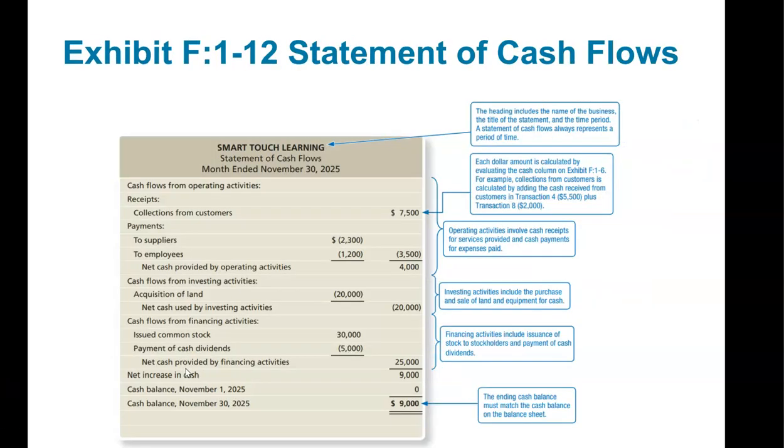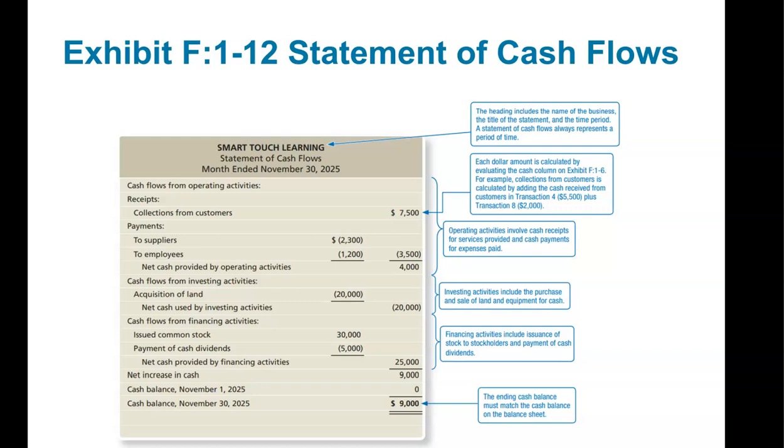Okay, and then the fourth statement, which we will introduce here, but we really don't get to discuss until managerial accounting, is the statement of cash flows. So this is a little different. This statement shows us the physical movement of cash. Cash went out of our hands for this reason.